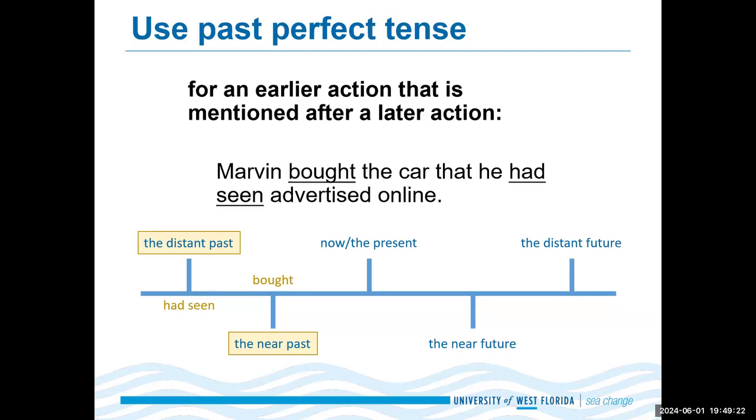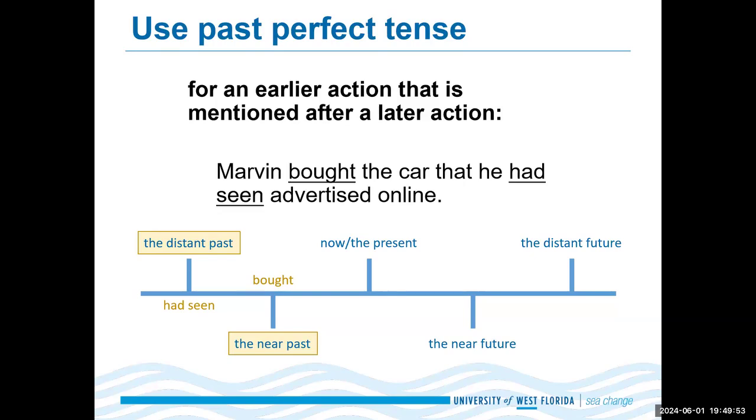Okay, that's seen advertised online. Okay, an earlier action that is mentioned after a later action. The later action here was he had seen advertised online. That's past perfect tense. Past perfect tense is when an earlier action is mentioned after a later action.